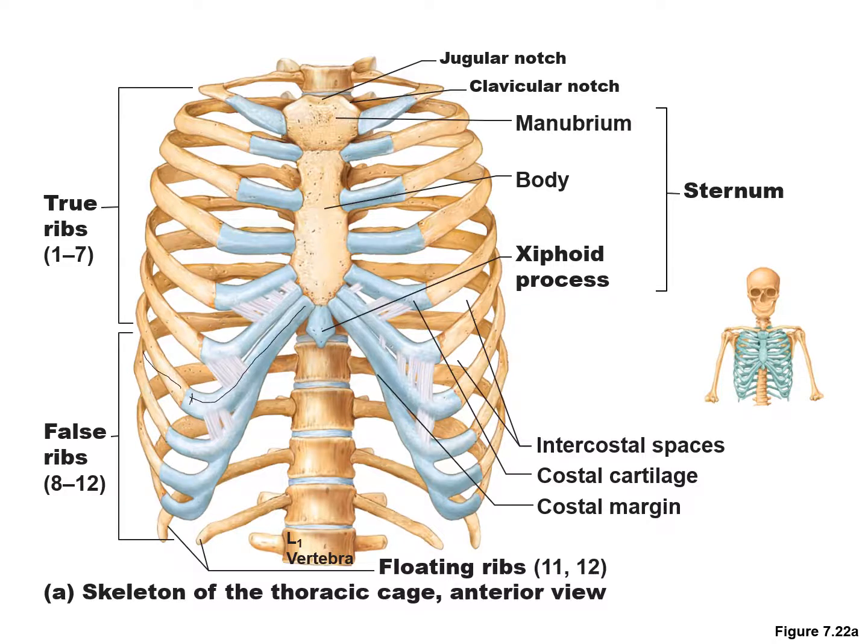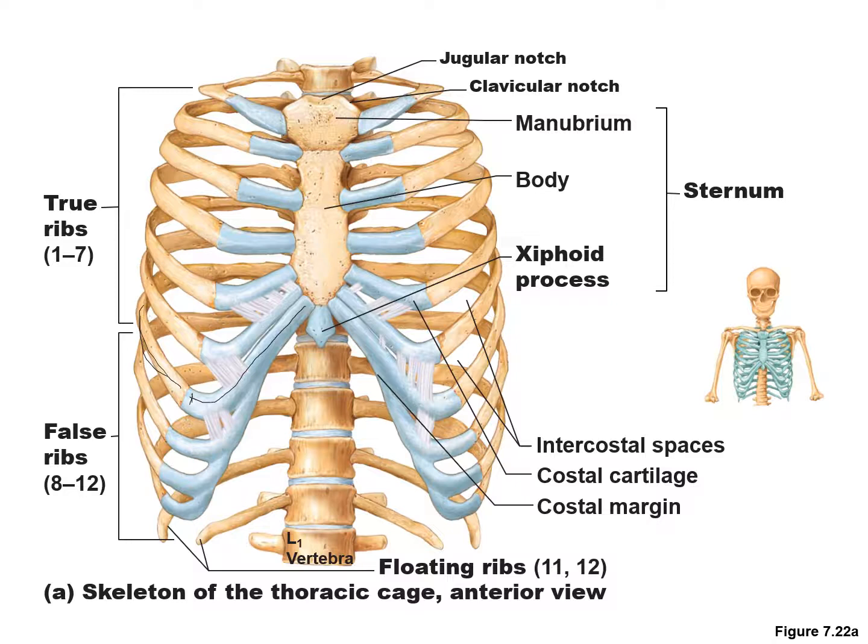And then this is rib 7, one rib in pair 7. And then this would be the other rib in pair 7. So see how that has its own costal cartilage connection? And then all of the ribs above that also have their own costal cartilage connection. They are directly attached to the sternum here.